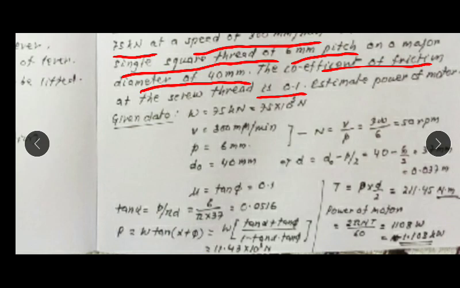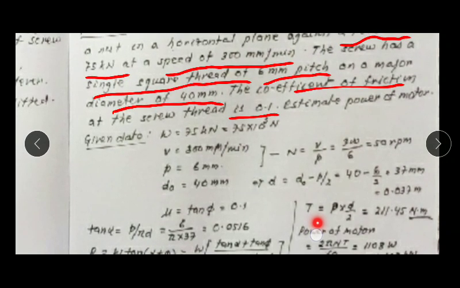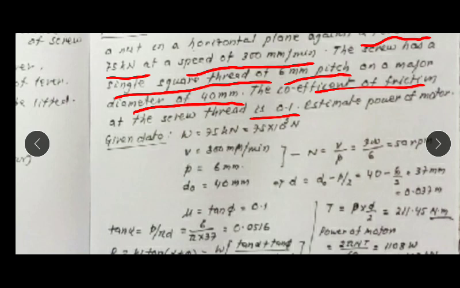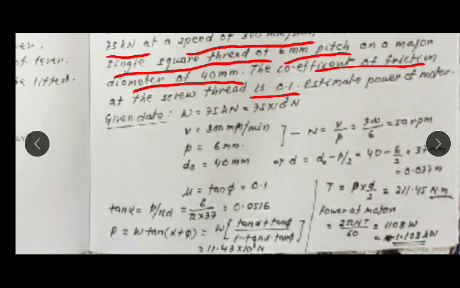Then the torque required to operate the screw jack, T equal to P into d by 2, the value of P and value of d. By putting these two values, it will become 211.45 Newton meter. d is in meter, P in Newton.